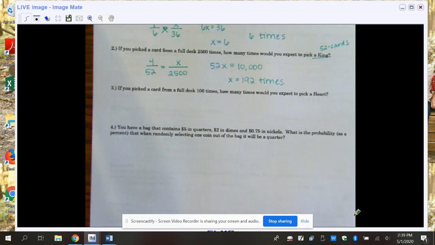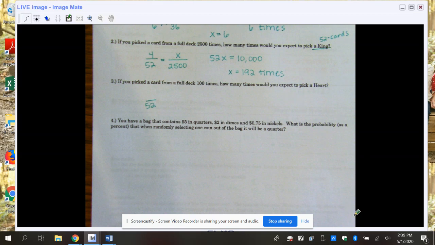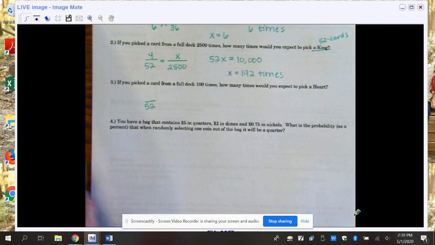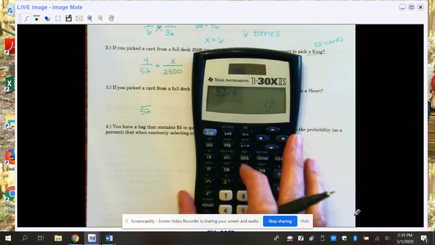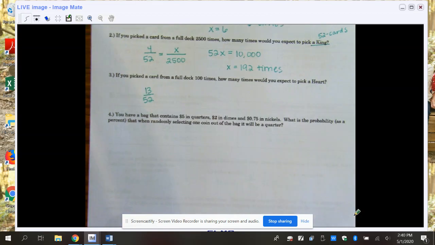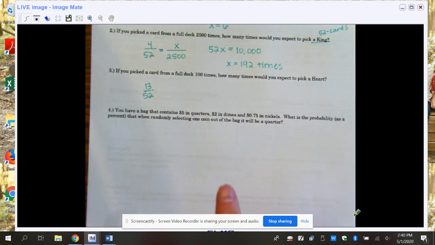All right, so next question says, if you picked a card from a full deck, so again, that means that there are 52 outcomes, how many times did you expect to pick a heart? Okay, well, there are 4 suits. Each of them is going to have the same number of cards, so if I have 52 total cards, and I divide that by the 4 suits, that means there are 13 of each suit. 13 hearts, 13 spades, 13 diamonds, and 13 clubs.